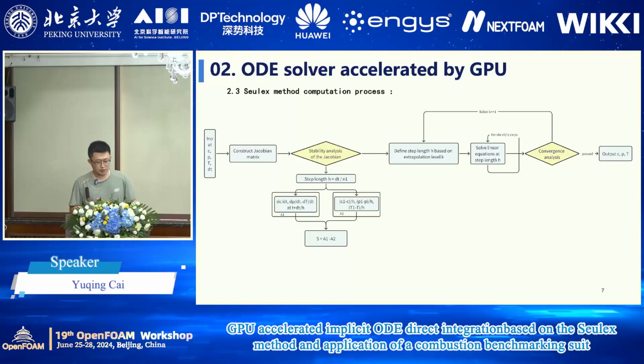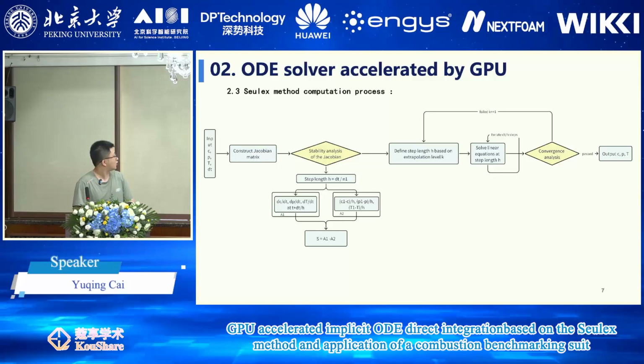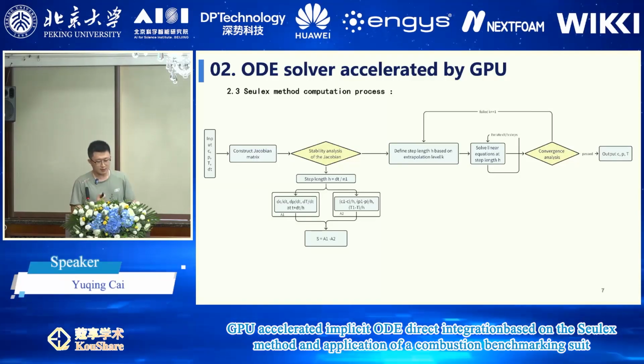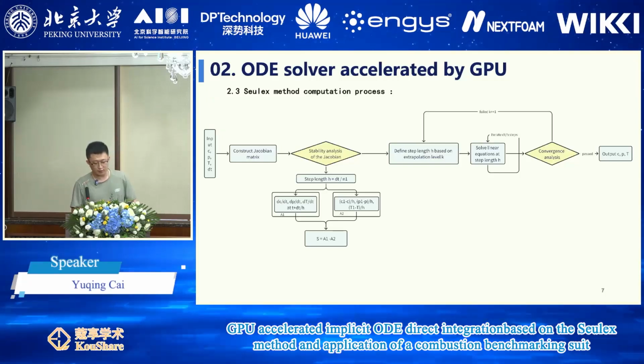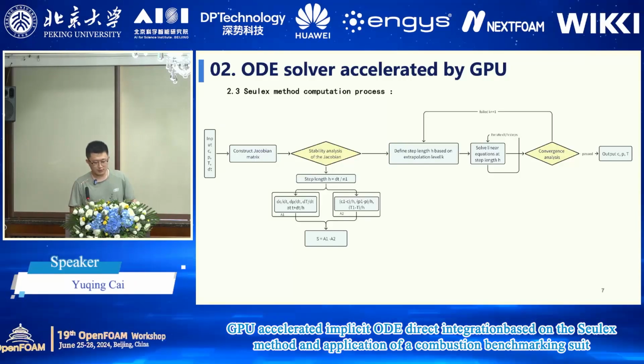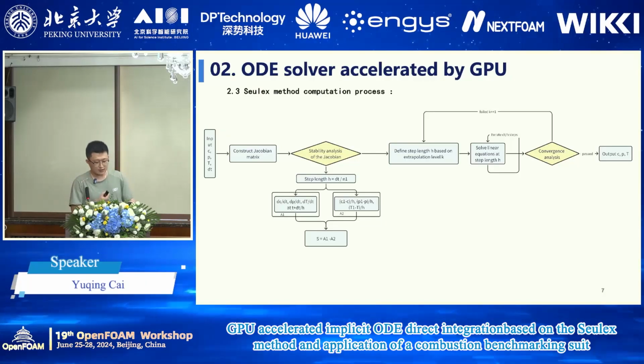This diagram shows the processing of the Seulex algorithm. Firstly, we input the mole concentration, pressure, temperature, and the time step size, and calculate different chemical variables such as the reaction rate and the analytical Jacobian matrix. And then the stability of the Jacobian must be examined.